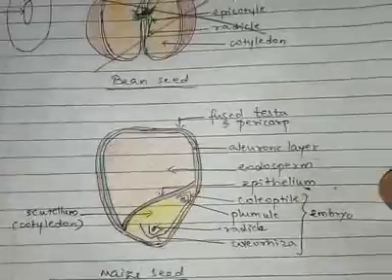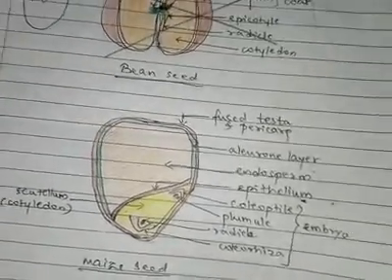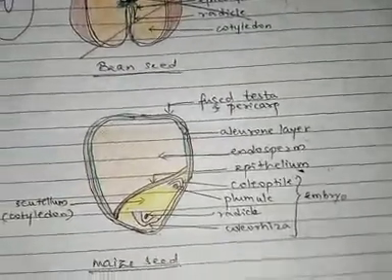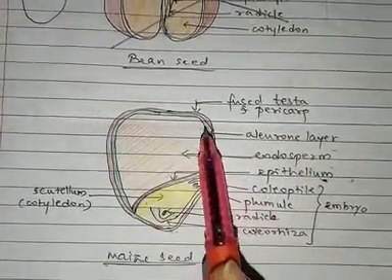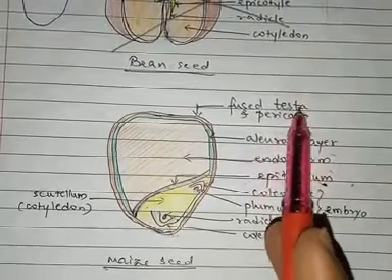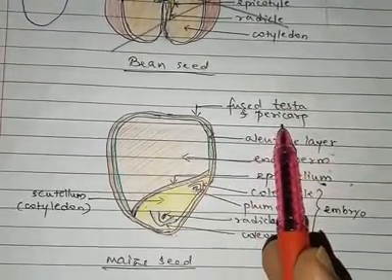So here we are having the diagram of the maize grain. Here you can see it, right? The outermost layer which you can see is the fused testa and pericarp. Testa, seed coat, pericarp, fruit wall.